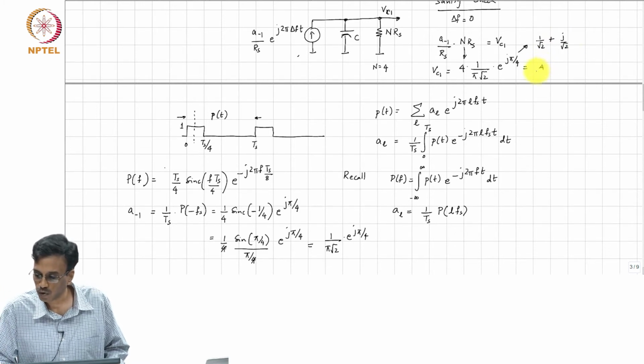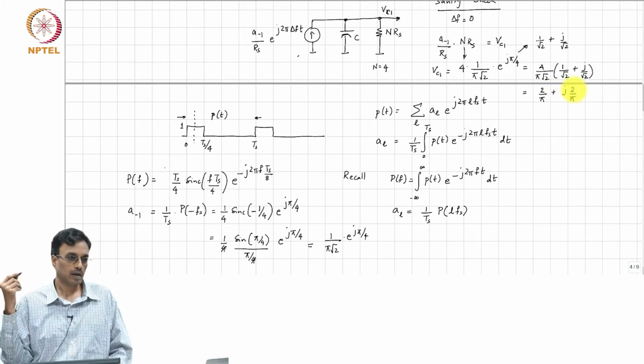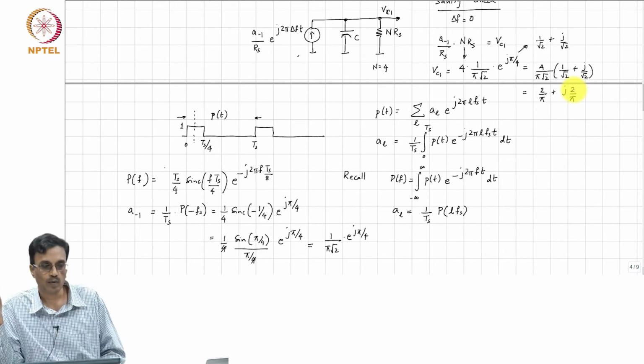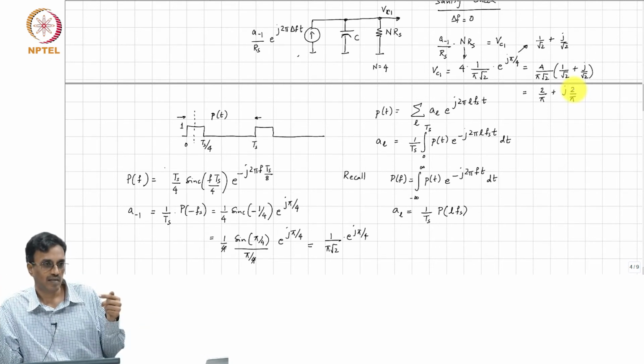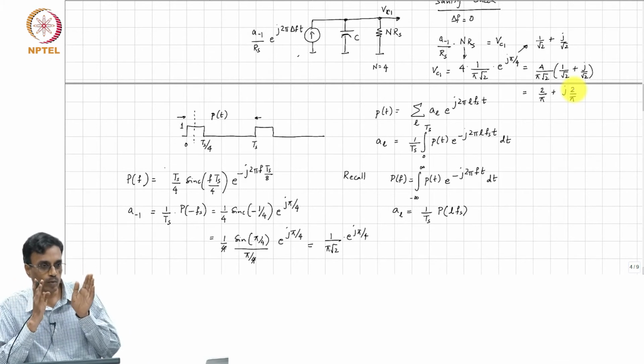So, this is nothing but 4 by pi root 2 times 1 by root 2 plus j by root 2, which is nothing but 2 by pi plus j 2 by pi, correct, and this is consistent with when we put cos in that the first capacitor would have 2 by pi.